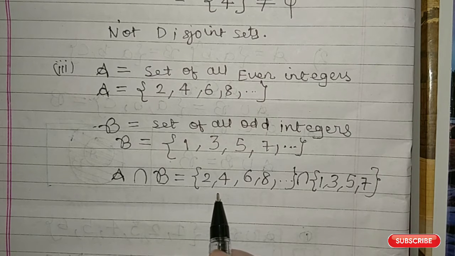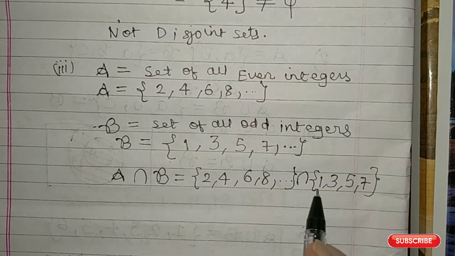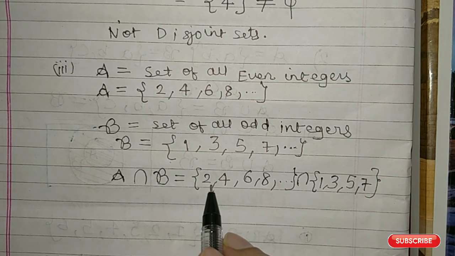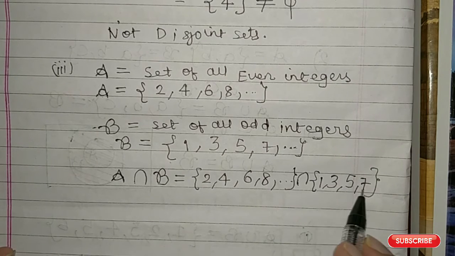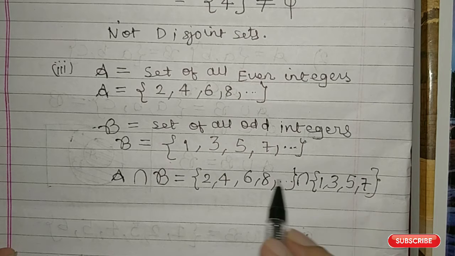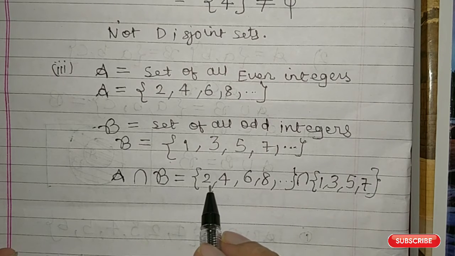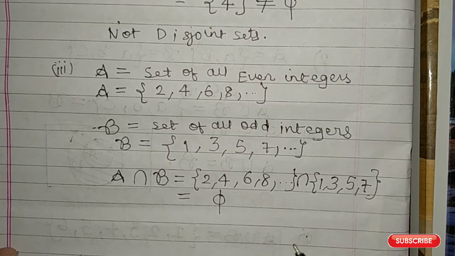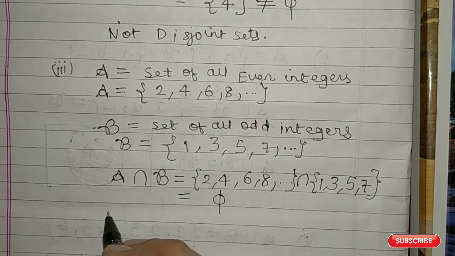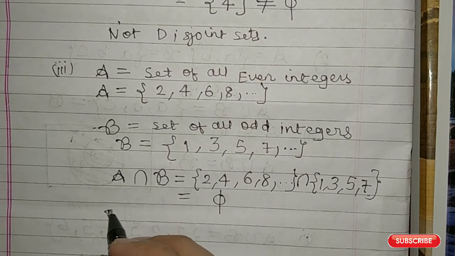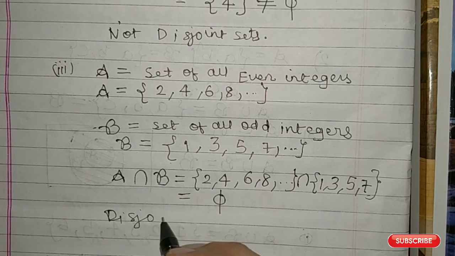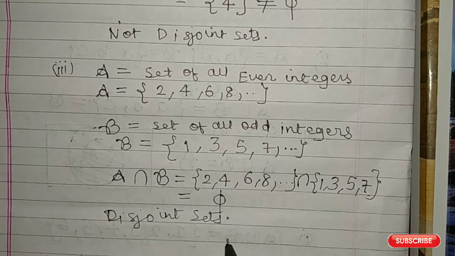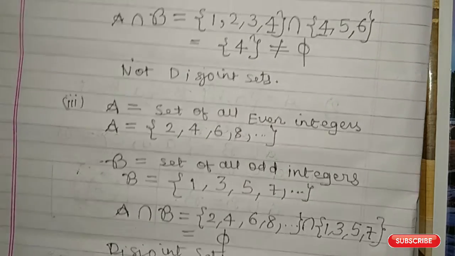Now you can see that no element is common for these two sets, because no even integer is an odd integer and no odd integer will be an even integer. So this intersection will be the empty set, and therefore A and B are disjoint sets.